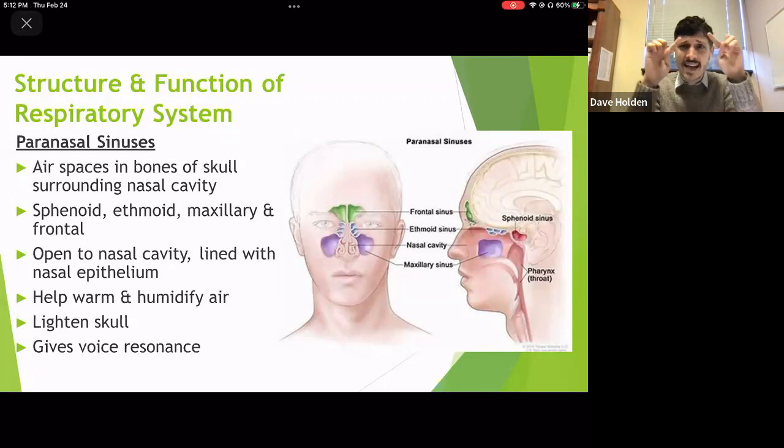And also the exact shape and depth and size of all of your sinuses, since they're open to the nasal cavities, they will also help let sound resonate. So this is why your voice changes when you have sinus infections and things like that. The voice is using those sinus cavities to resonate those air vibrations.